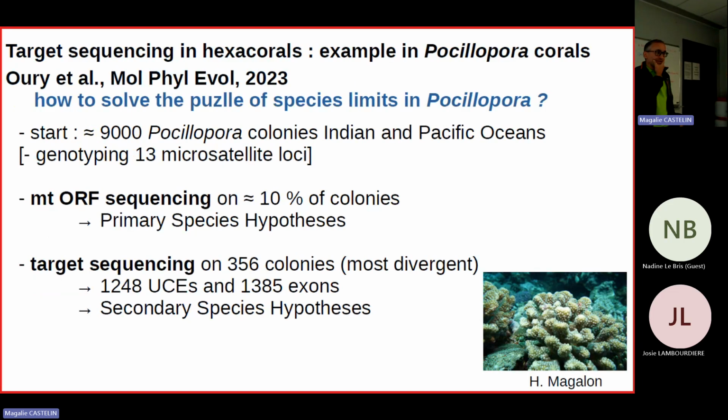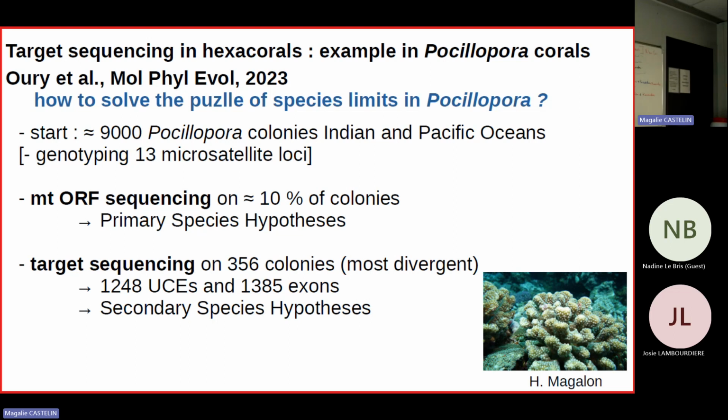An example of application is work made during his PhD by Nicolas Oury. He worked with Hélène Magalon again. He has done a very, very nice PhD, by the way. And again, in Pocillopora, he started with a huge sampling set where they have more than 9,000 Pocillopora colonies from the Indian and Pacific Oceans.